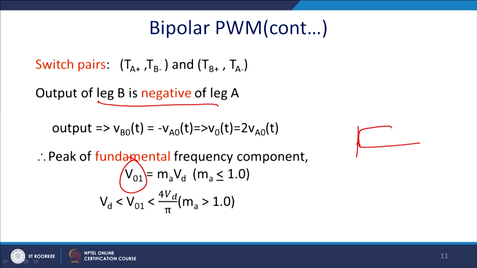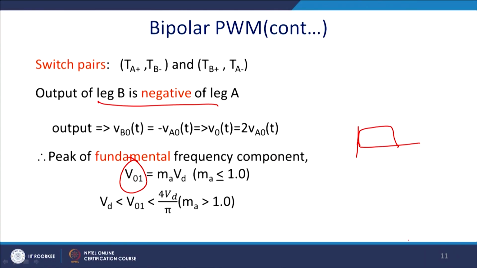We will go into a little more discussion of it. When we have a square waveform and do the Fourier series analysis, we can find its fundamental voltage, which is 4 by pi times the DC link voltage.